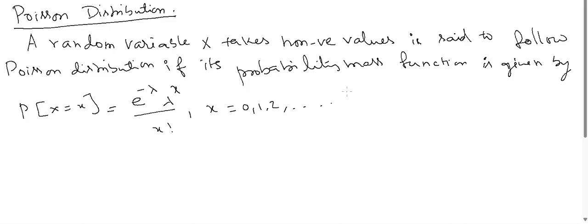Here we say that when a random variable X follows Poisson distribution, it has only one parameter lambda, and lambda is always greater than 0.